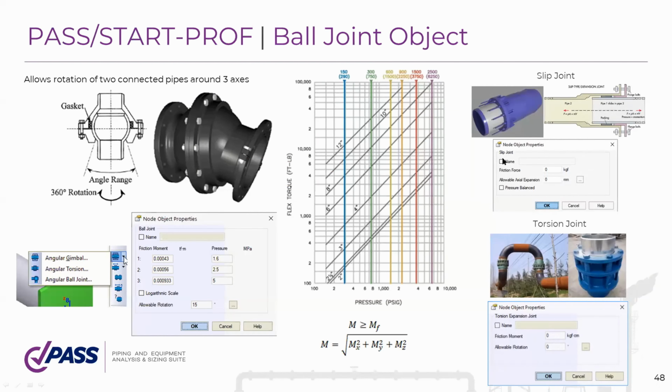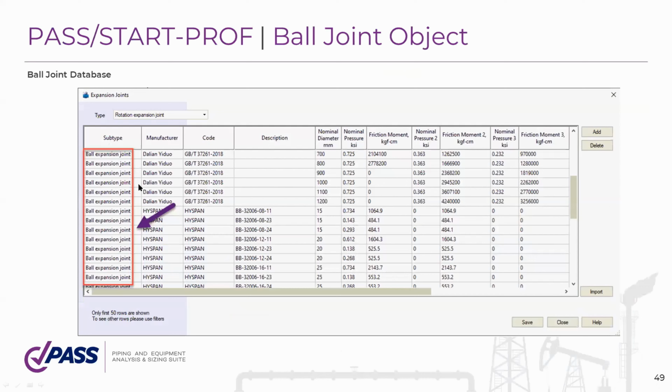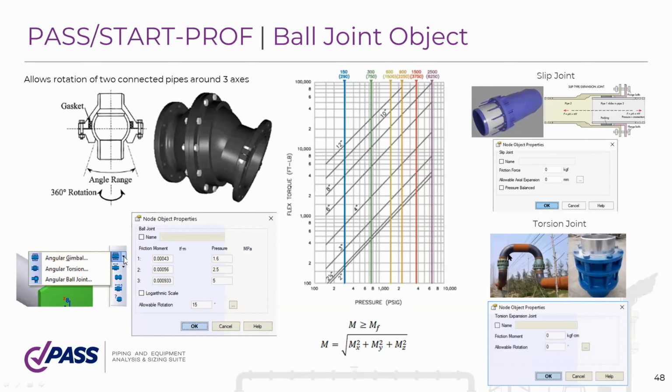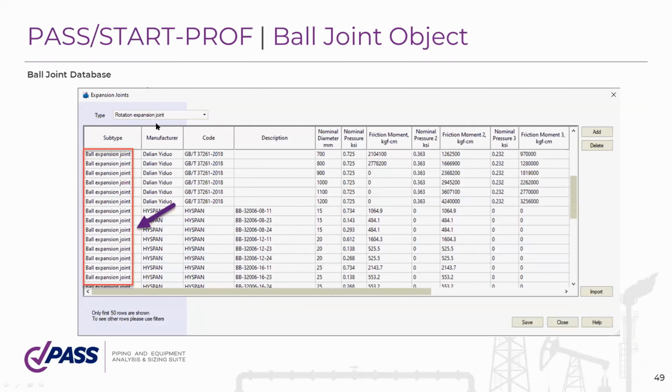So now we have all types of friction expansion joints. It's the slip joint, torsion joint, and now we have the ball joint. And the same as for the slip joint and torsion joint, we added a database for the ball joints. We added the high-span barcode ball joints and Chinese ball joints.